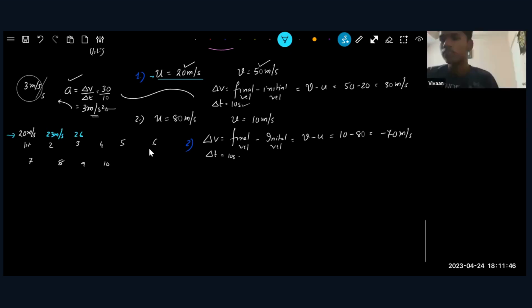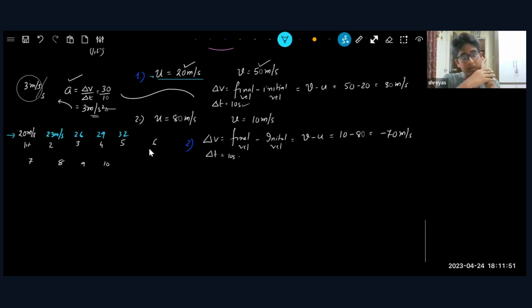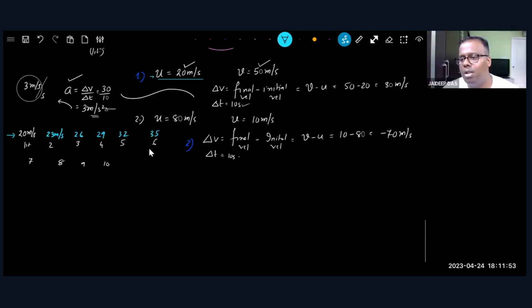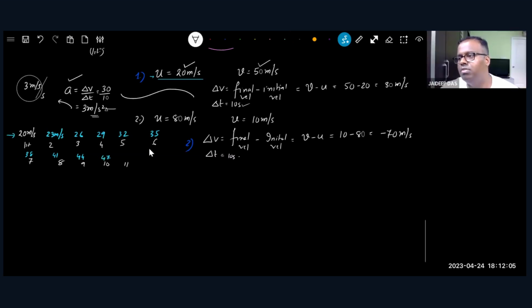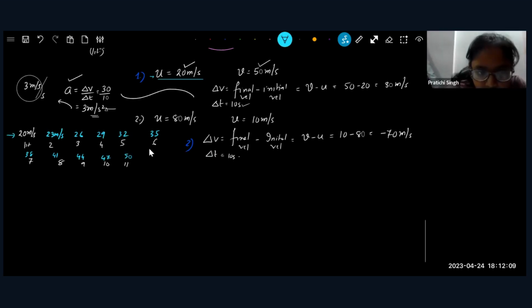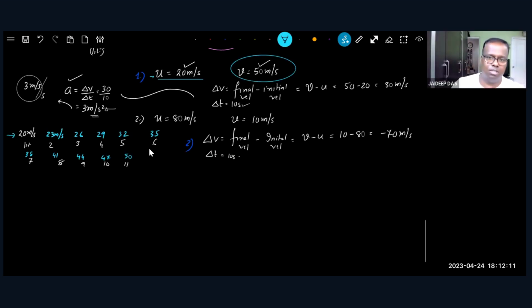Then 29, 32, 35, 38, 41, 44, then 47. There should be one more second here, the 11th second. What should be the velocity here? 50. What was my final velocity? 50.